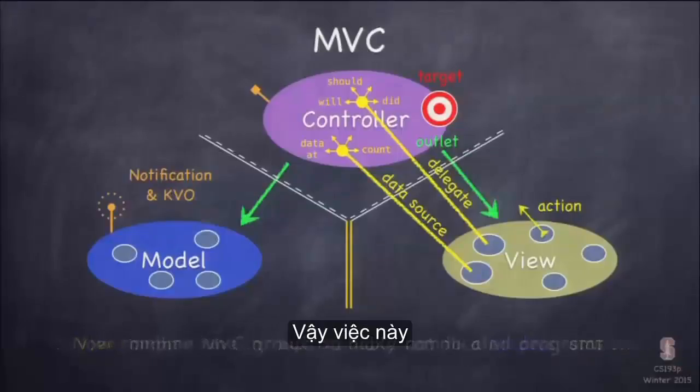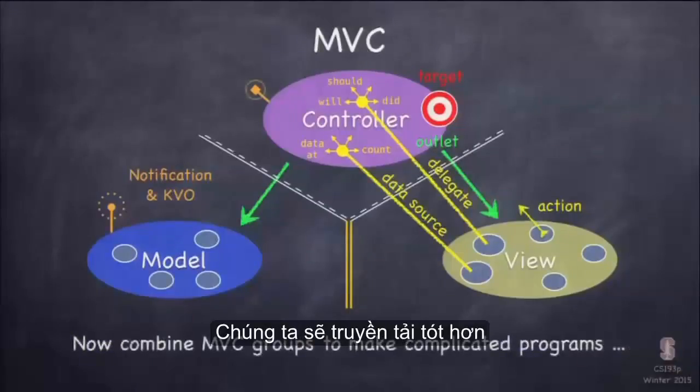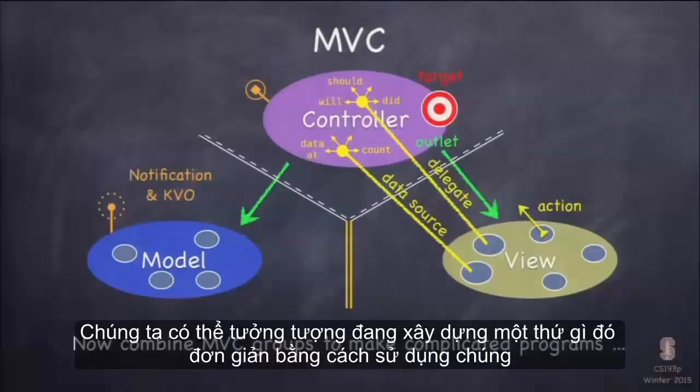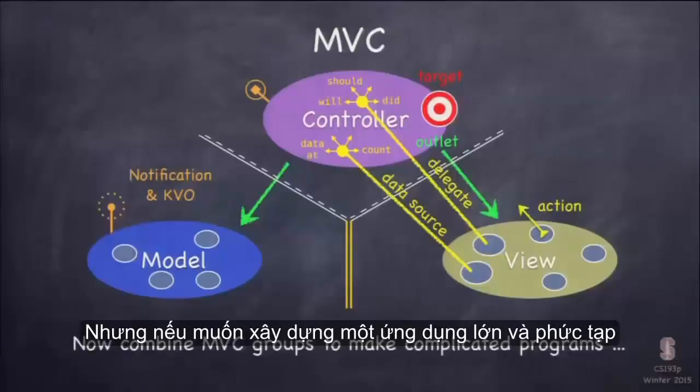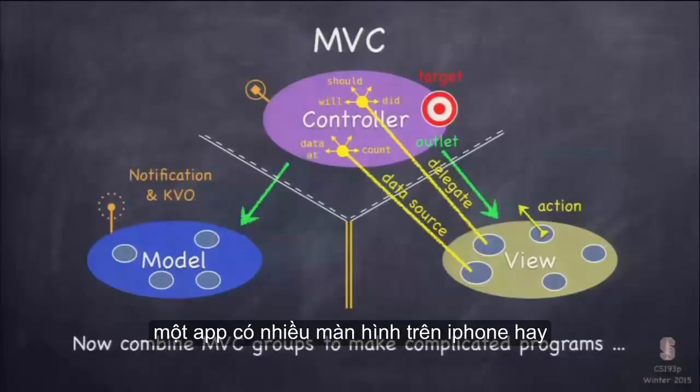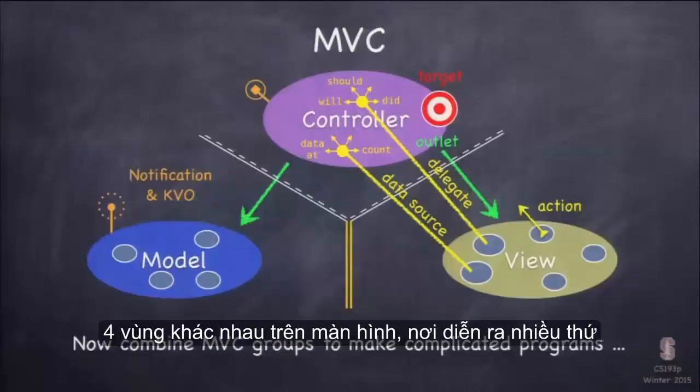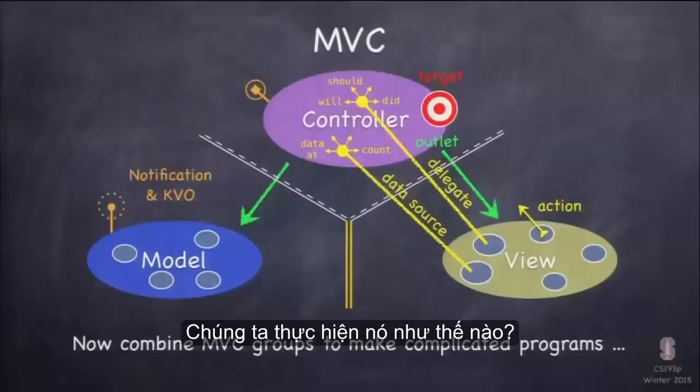All right, so we have all this nice communication and all these rules, and we can imagine building something simple using this. But what if we want to build a big complicated app, an app that has multiple screens on our iPhone or on an iPad? It's got 3 or 4 different areas on screen where things are happening. How do we do that?